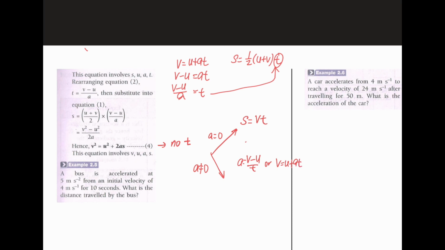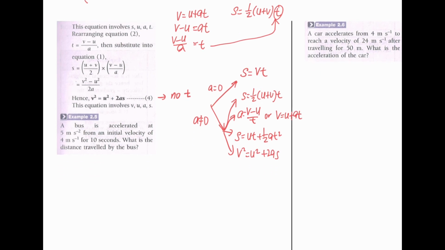We have just now before this we have s equal to half u plus v times t. Okay, so we also have s equal to ut plus half at square. We also have v square equal to u square plus 2as. So we have 4 formula for our syllabus.